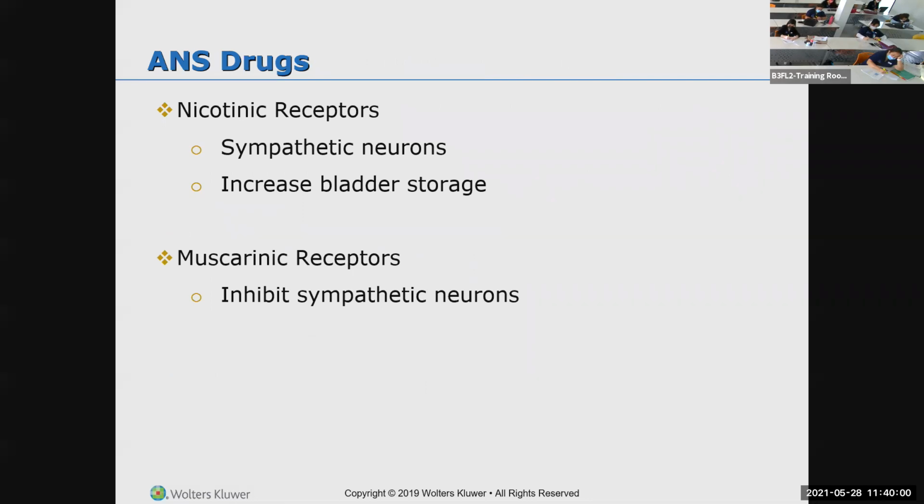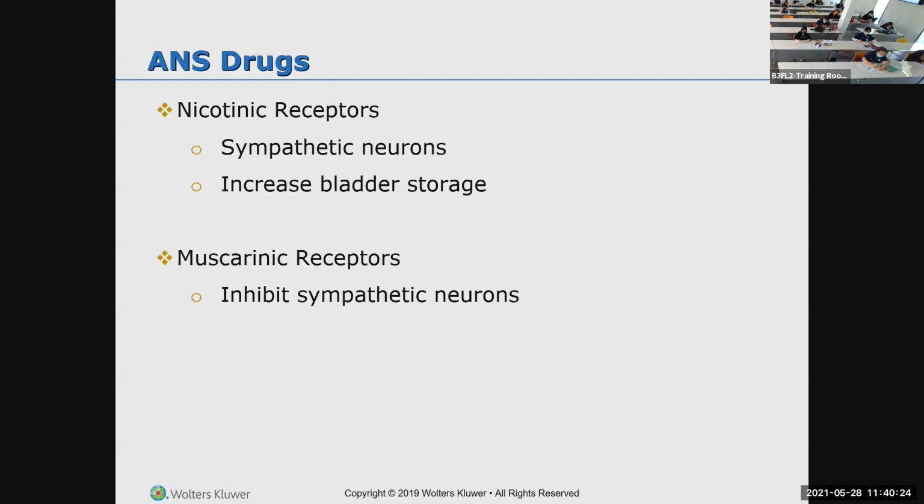Autonomic drugs work on receptors, nicotinic receptors and muscarinic receptors, which are meant for my autonomic nervous system. Sympathetic neurons increase bladder storage.